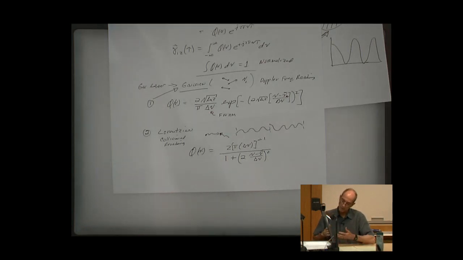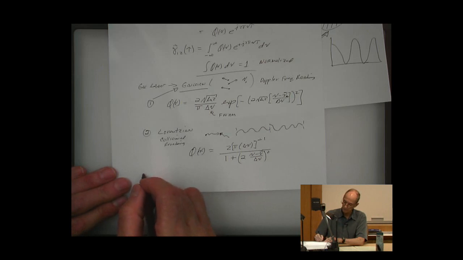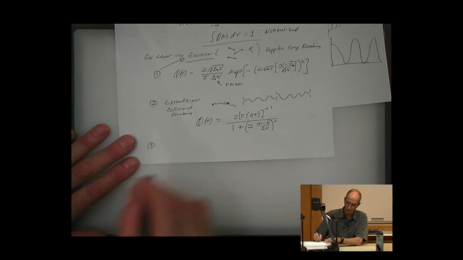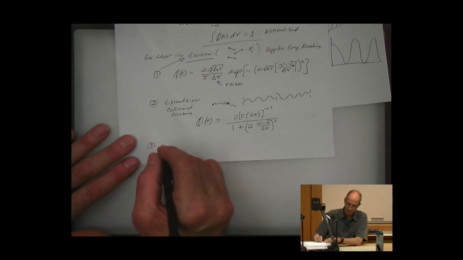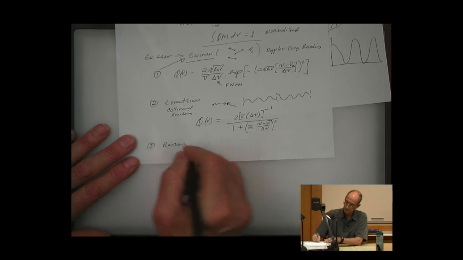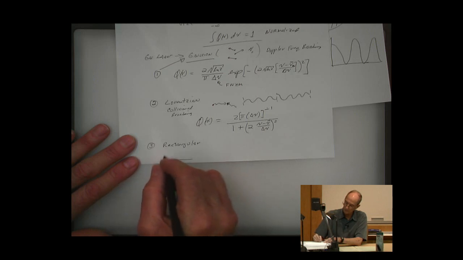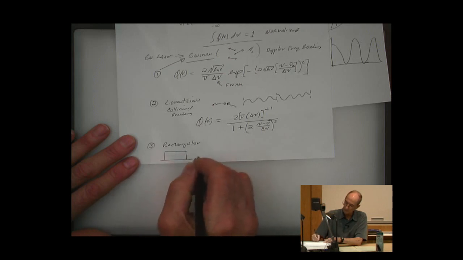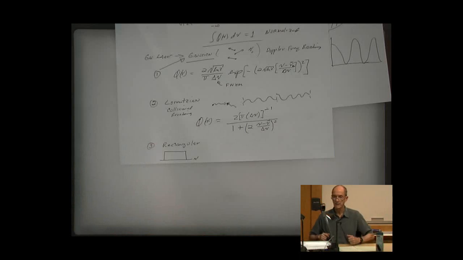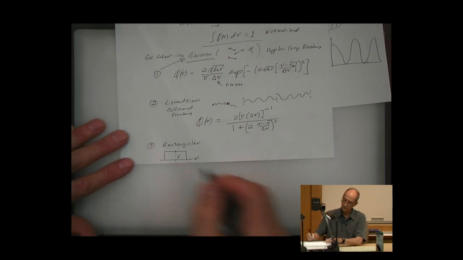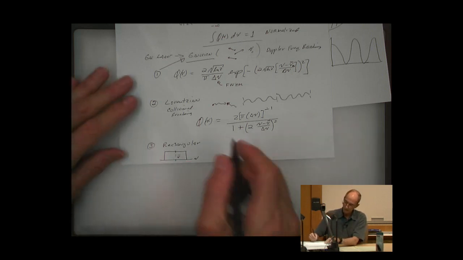We could also model, although it doesn't really occur in nature that much, if at all, a rectangular spectrum. What we're saying is that we have constant emission over a band of frequencies. This is our nu bar definition, the center of that, and then 0 elsewhere.